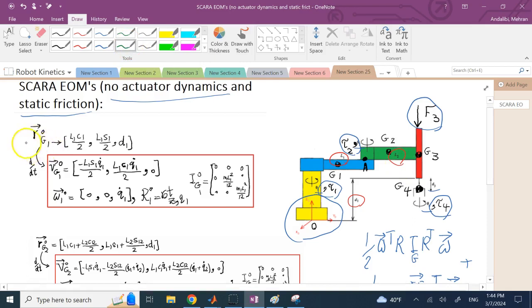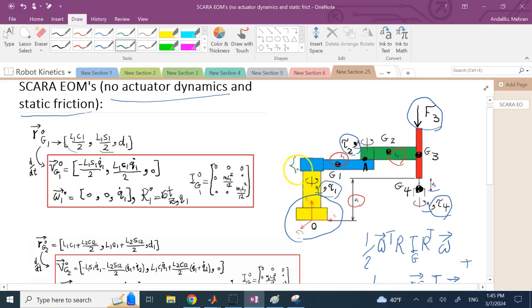So clearly, the location of G1 in the base frame is what? In the X and Y axis, if the rotations are measured from the X axis, clearly it is going to be L1 cosine of theta 1 divided by 2, and this divide by 2 is because we assume that the centroids are in the middle of the members, and then L1 sine of theta 1 over 2, and then D1.